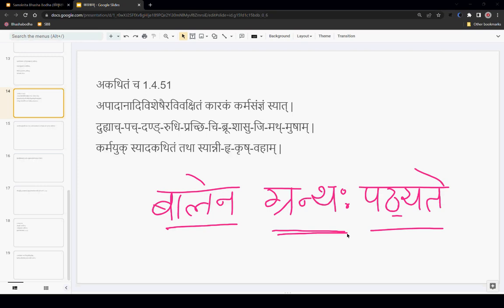In Karmani Prayoga, when we convert from Kartari Prayoga, we generally, mostly use Tritiya. That's what I understood. Yeah, that is correct.